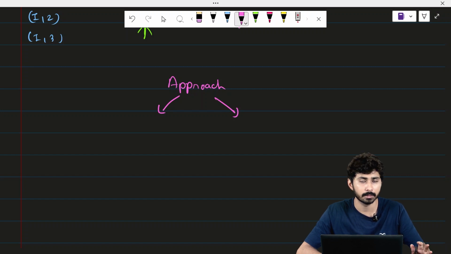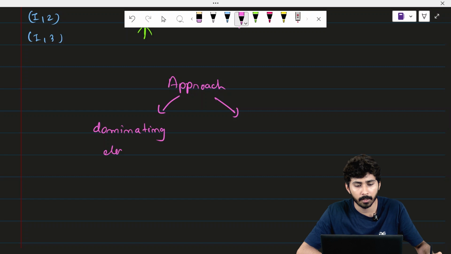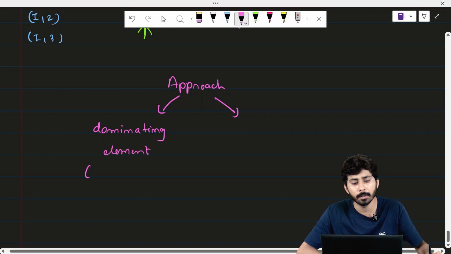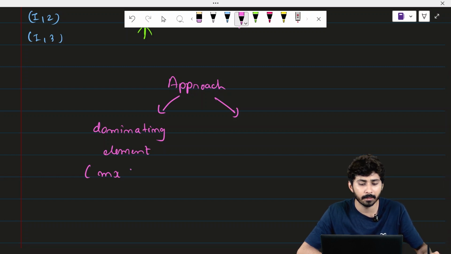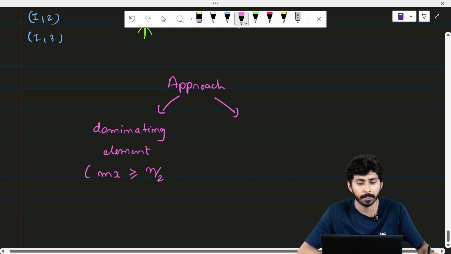One is where there is a dominating element. What does dominating element mean? Let's say the frequency of the dominating element, I will call it mx, is greater than or equal to n by 2.